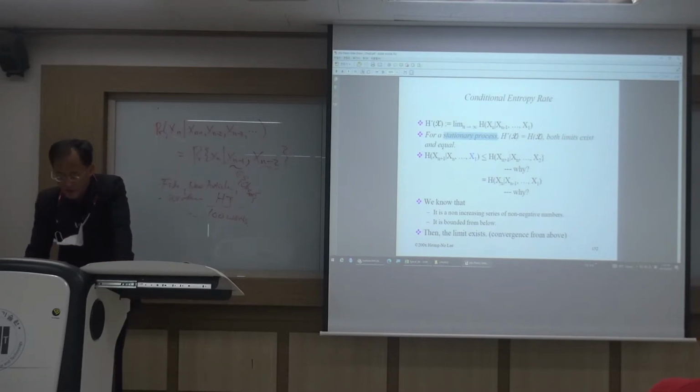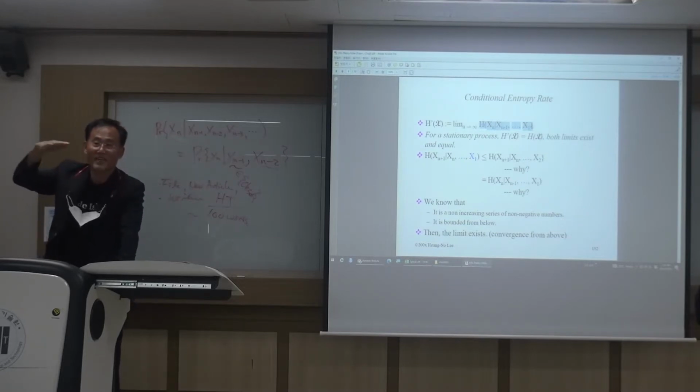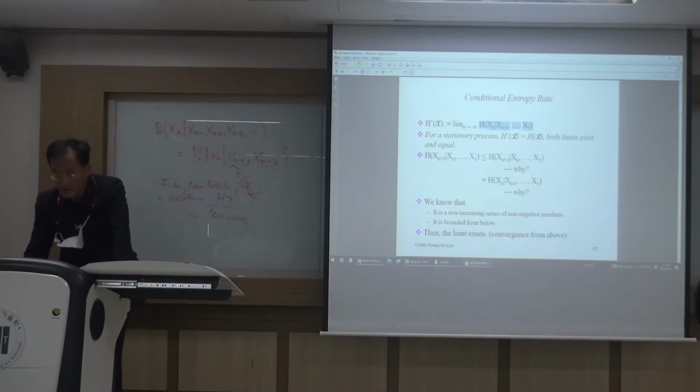Comparing these two things together, that one is larger than or equal to this one. So the sequence that we want to investigate is a non-increasing sequence of numbers. It is decreasing or staying the same.